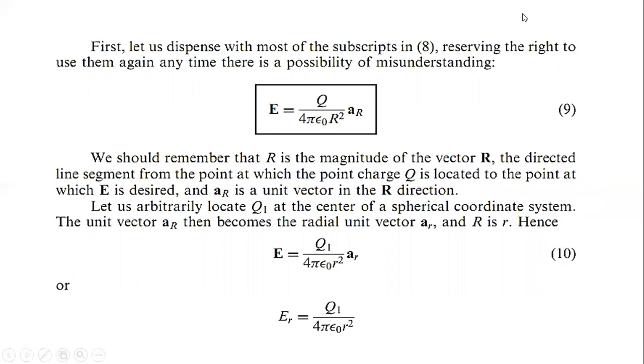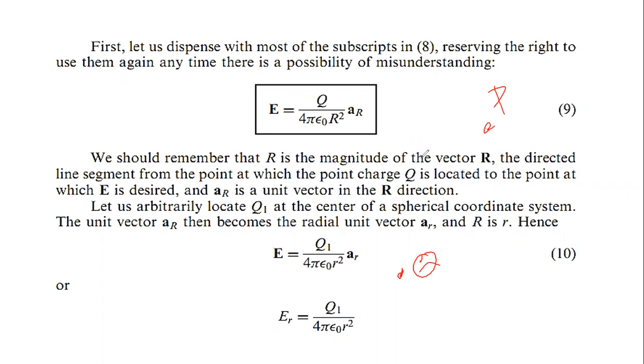It means that if we have a source charge of Q that is located at this point, and at this point P, the electric field intensity is desired.